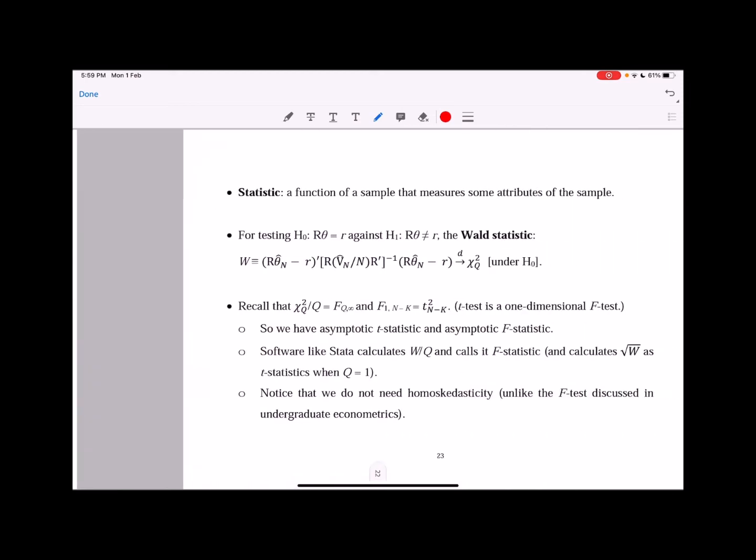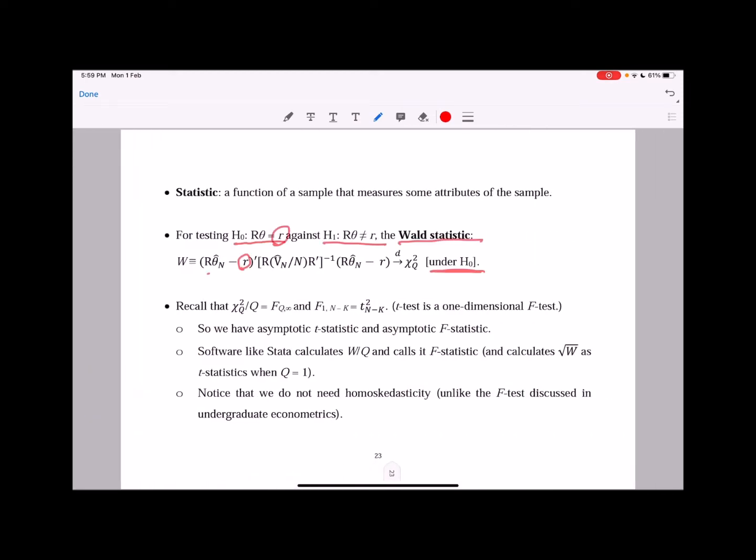But under the null hypothesis, R theta equals small r, so we can actually calculate the Wald statistic. We also know that the Wald statistic follows a chi-square distribution. That's how we conduct hypothesis testing, because now everything can be calculated and we know its distribution.